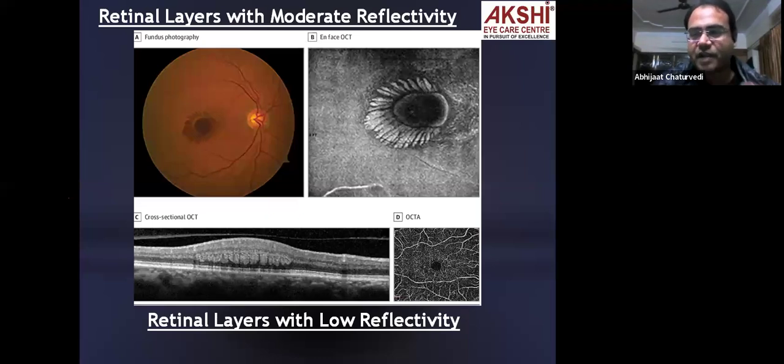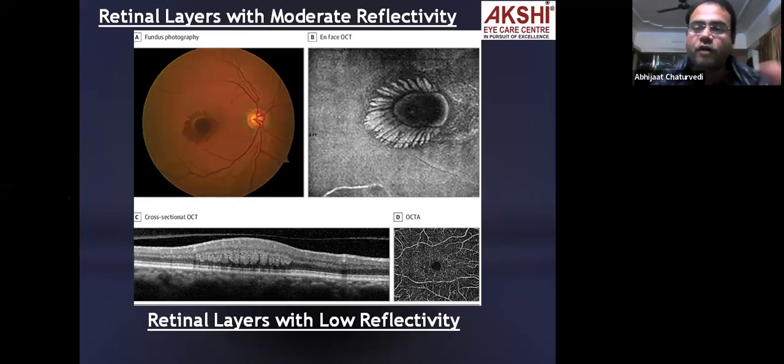So whenever you see such a star-shaped hemorrhagic pathology near the perifoveal area, always go for an OCT. On OCT, you can see such an appearance happening in the axonal part of the outer plexiform layer. This is known as OHHM or outer Henle hemorrhagic maculopathy.